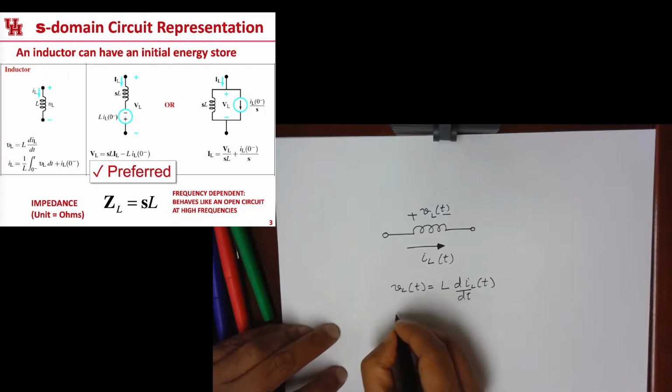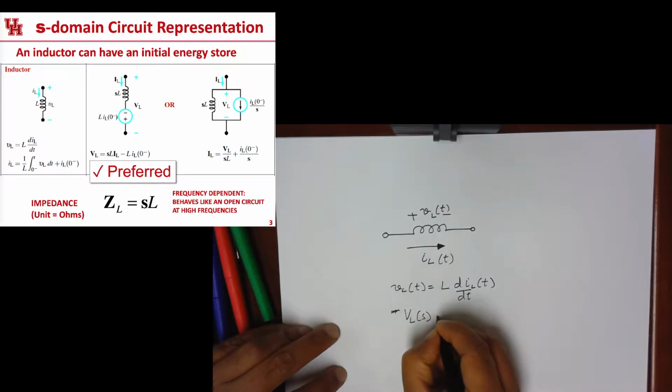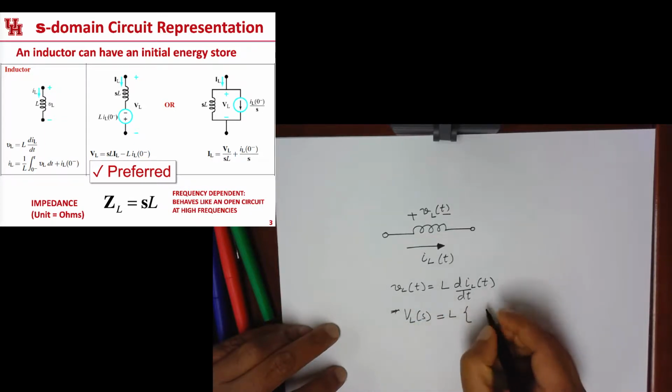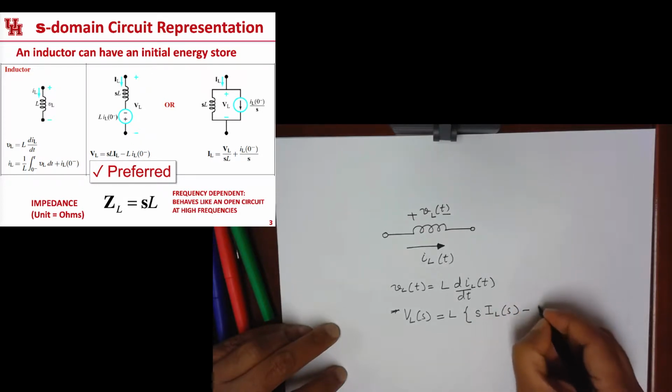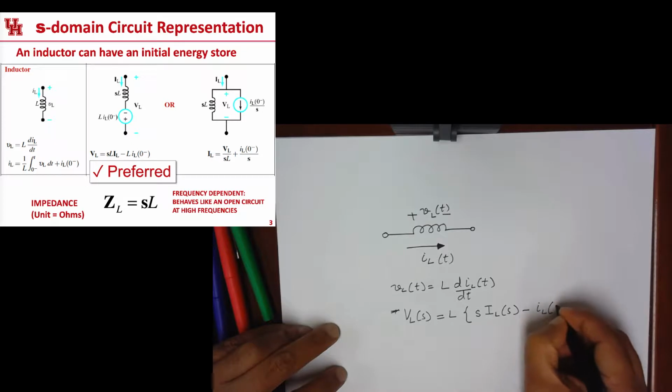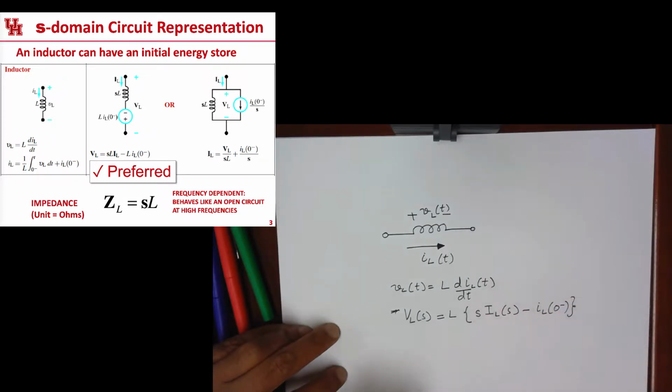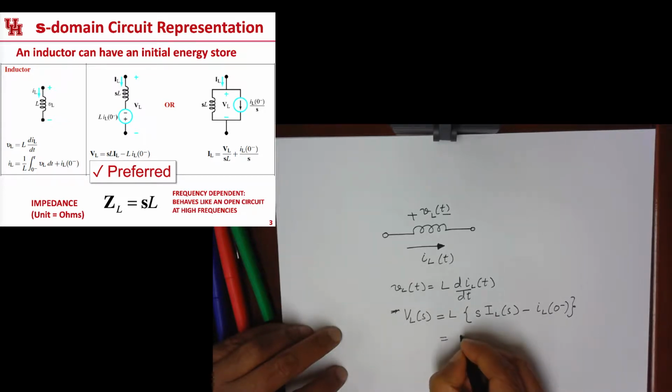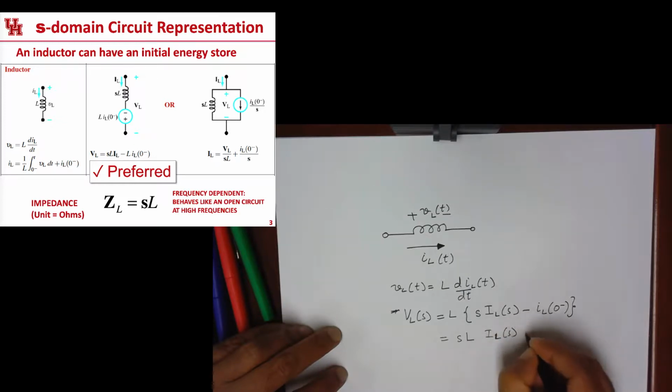If we convert this to the Laplace domain, we get V_L of s is L times the Laplace transform of a derivative. So we take s times the Laplace transform of the current, minus the initial value of that current at 0 minus. So we get sL I_L of s minus L I_L of 0 minus.